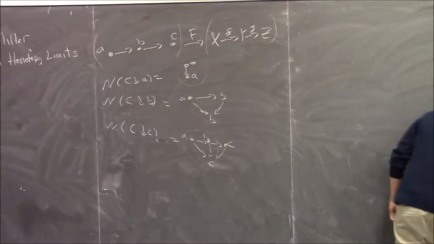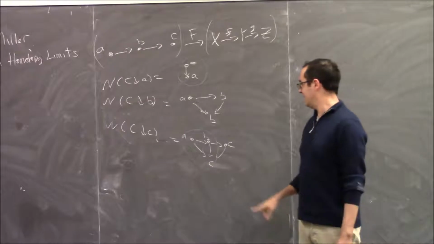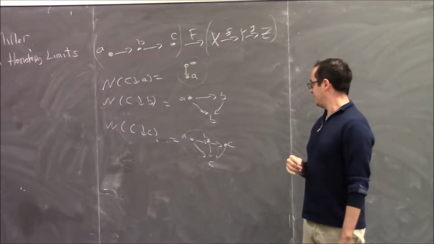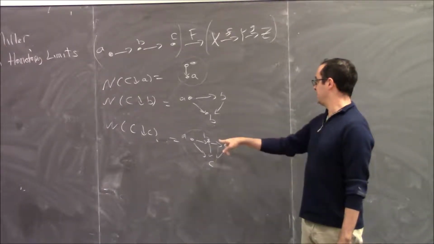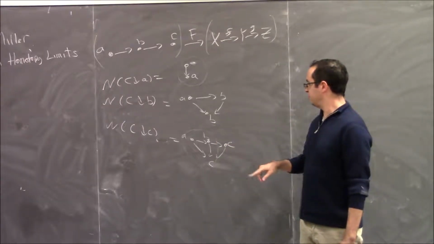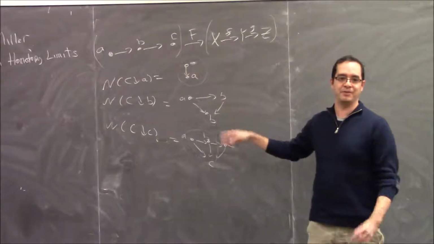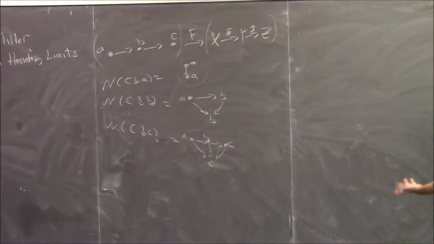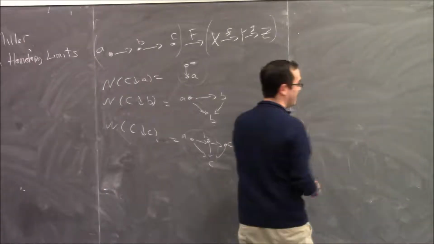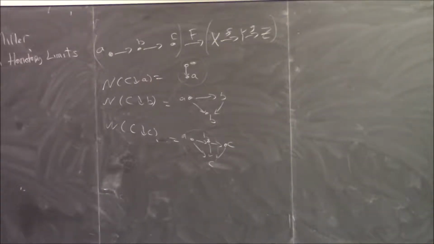The nerve of the third thing is a triangle or a path? Well, yeah, it's a triangle, I think. The second is a simplex, and then over the third is two simplexes glued together, right?